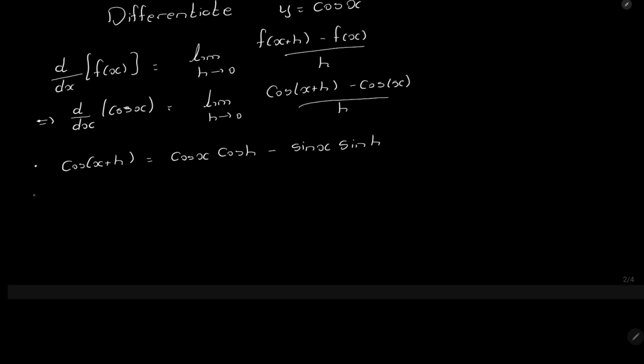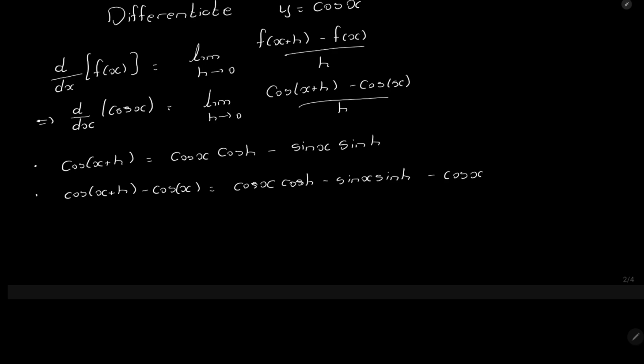What does that tell us? This tells us that our numerator, which is cos of x plus h minus cos x, can then simplify to cos x cos h minus sine x sine h minus cos x.